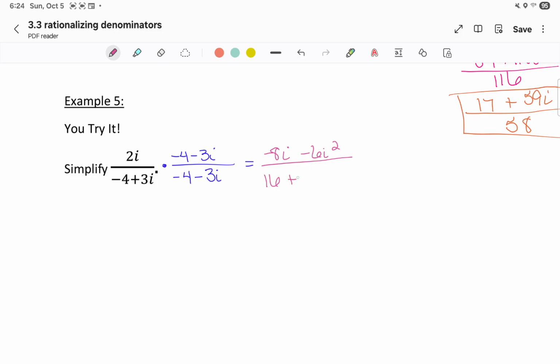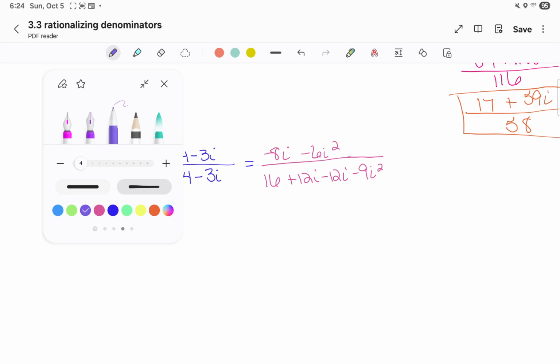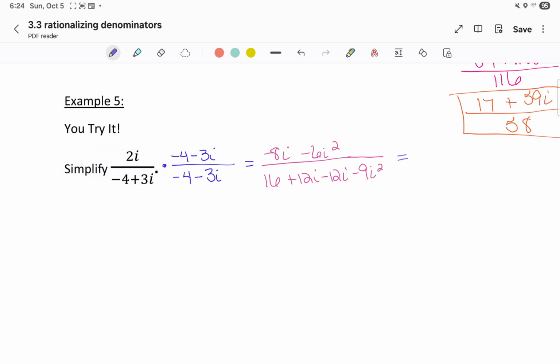Then we have a positive 12i, and then a negative 12i, and then minus 9i squared. So we have negative 8i minus 6 times negative 1 over 16. The 12i's cancel. Minus 9 times negative 1.